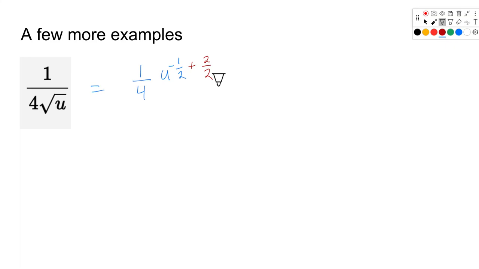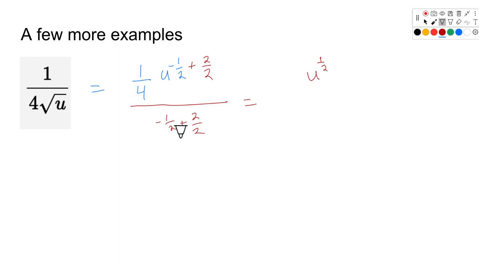I'm going to add it as 2 over 2. This makes it easier with same denominators. And then I need to divide the whole thing by that new exponent. Let's see what we get. So negative 1/2 plus 2 over 2 gives us u to the positive 1/2.